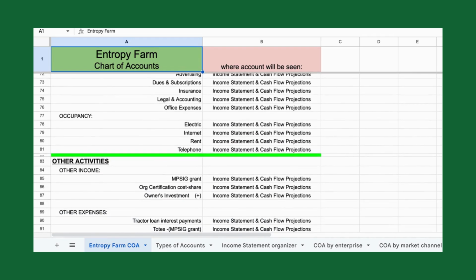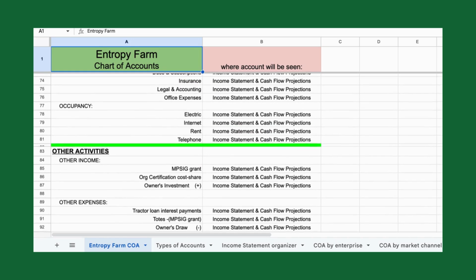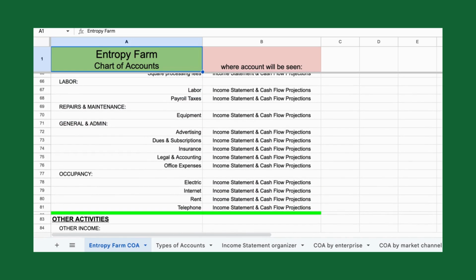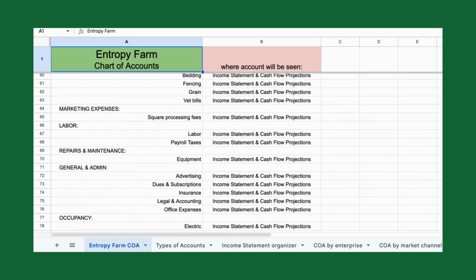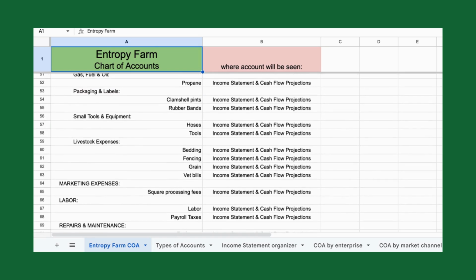And as I see it, why all of this is important is to know where to look to extract meaning from all of this structure, so that it can tell you the story about the financial health, the strengths, and vulnerabilities of your farm.